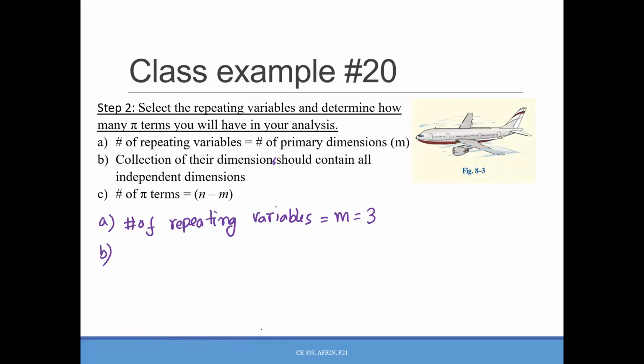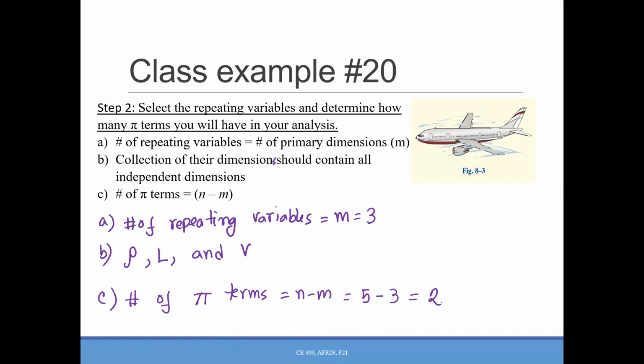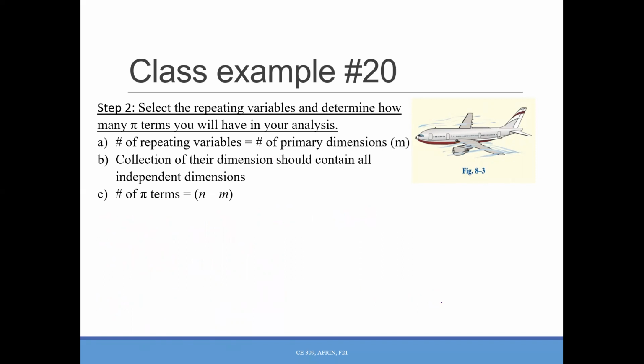So the collection of their dimensions should contain all the independent dimensions, and we are choosing rho, L, and V. The number of pi terms equals n minus m. So n was 5, m was 3. So we have two numbers. We will have two pi terms. That is step 2.